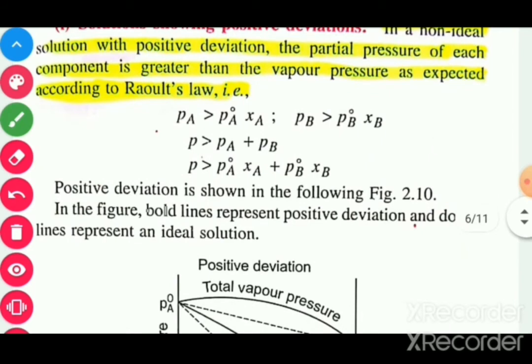So here the partial pressure of component A is greater than P naught A into XA, and the partial pressure of component B is greater than P naught B into XB. So finally, the vapor pressure of solution is greater than P naught A into XA plus P naught B into XB. Positive deviation is shown in this figure.